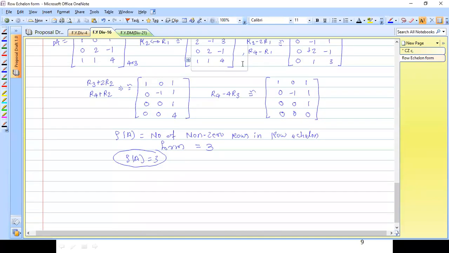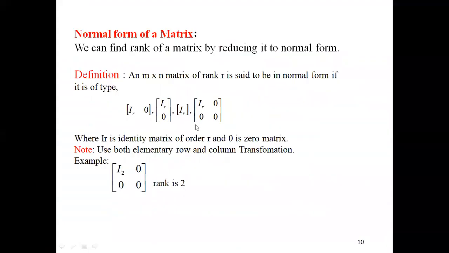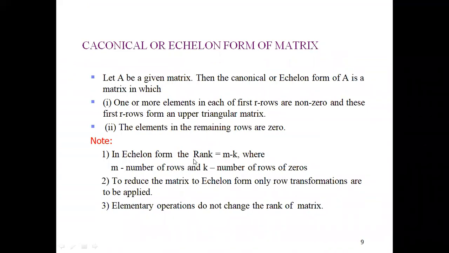Okay, and what is rank? I wanted to say this. In echelon form, rank is equal to m minus k. What is m? m is the number of rows. And what is k? k is the number of zero rows. So what it means? You subtract the number of zero rows from the total number of rows. What are you remaining with?